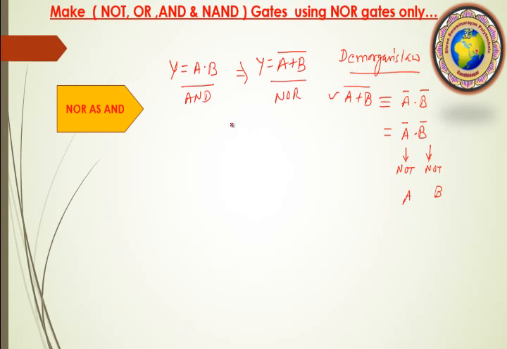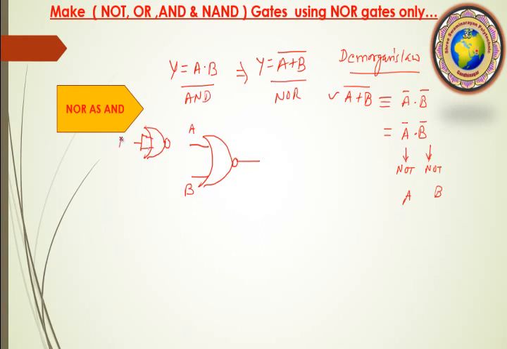See, we first take a NOR gate. So I take two inputs. Here is a NOR gate, here is the a input and here is the b input, but I require a bar as an input and b bar as an input. So I take one NOR gate here and convert.